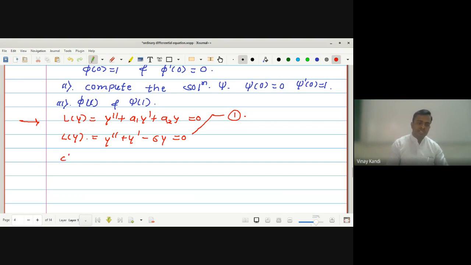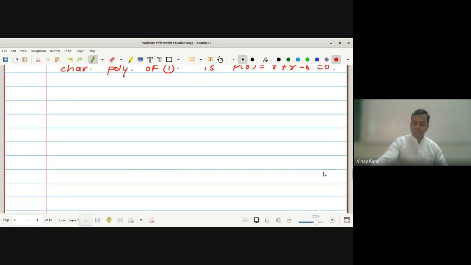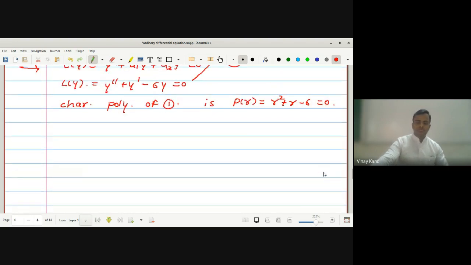Now, what is the characteristic polynomial? The characteristic polynomial of 1 is P of r equal to r square plus r minus 6, which is equal to 0. Now tell me the values of phi 1 and phi 2.